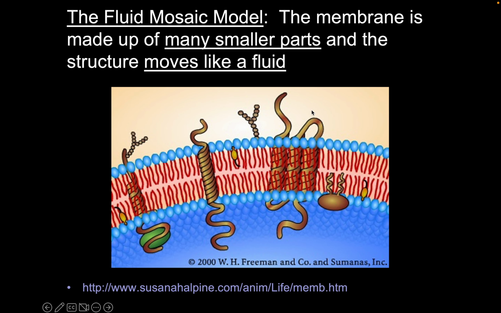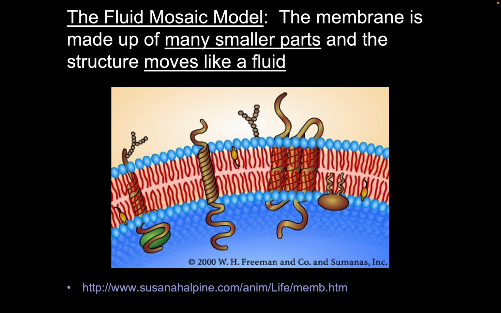Okay, here in the illustration, you can see the fluid mosaic model. So it is a model. We are saying that the cell membrane is made up of tiny pieces that can move around like they're floating in a liquid. That is why it is called a fluid mosaic model.